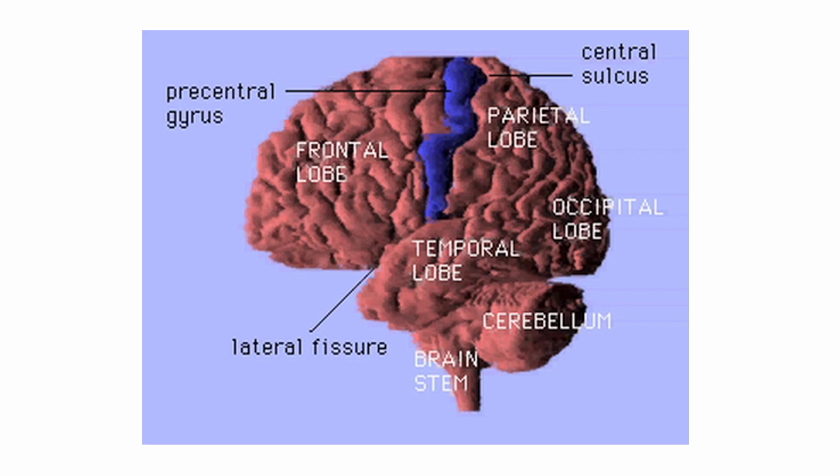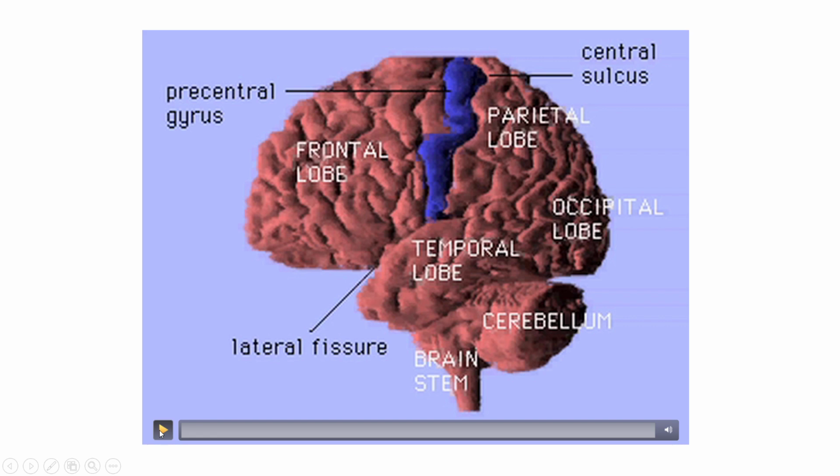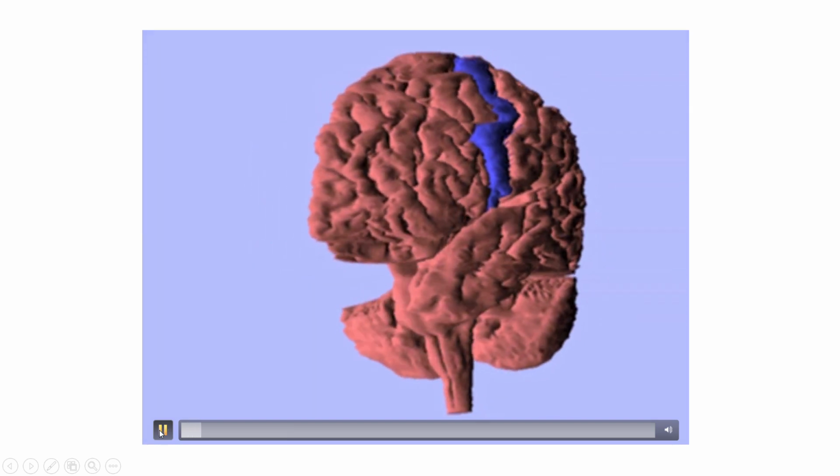Right. So let's try to bring this together. We have the frontal lobe, and then we have the central sulcus right in here. Before that, we have a gyrus that is in charge of motor activities. Behind it, we have the one that is in charge of sensation. Then you have the parietal, occipital, and temporal lobes, and then the cerebellum right at the back. Let's try to play this video and just see it in action.